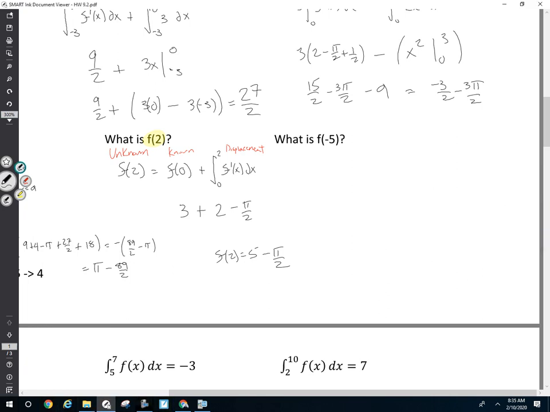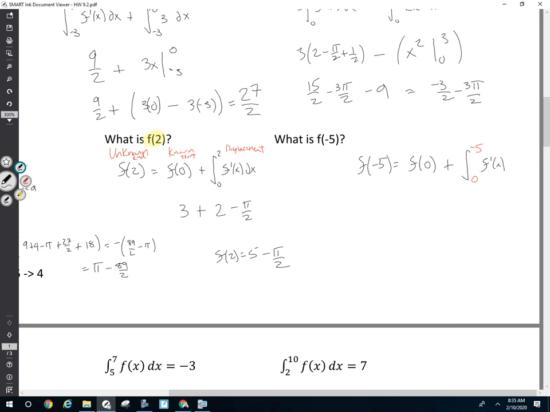Now let's find f of negative 5. Well, now my unknown is f of negative 5. My known is f of 0. My displacement is not going to be from negative 5 to 0. This is like my unknown ending. This is my known start. So I'm going to have to go from 0 to negative 5 for my displacement.